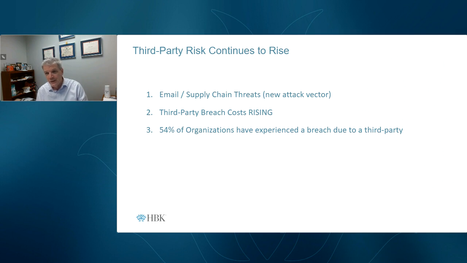But still, it's a big number. The latest statistics say almost 60% of businesses that are hit with a cybersecurity breach end up going out of business within a year. So there is a reason why we need to be concerned with third-party breaches.